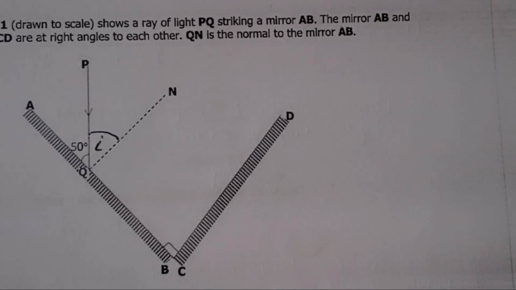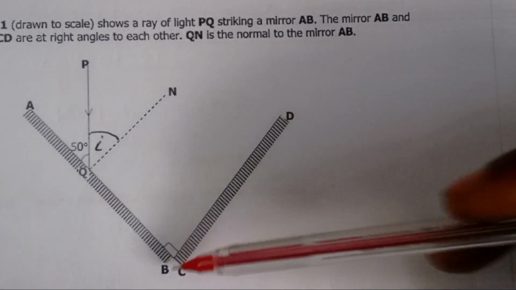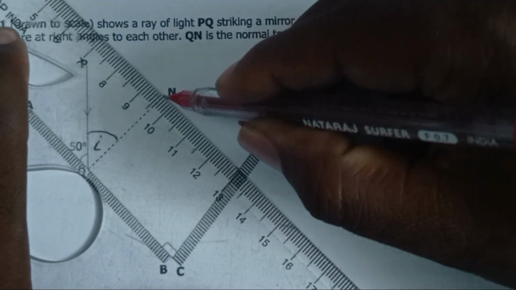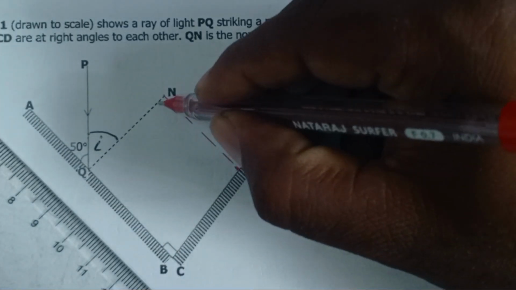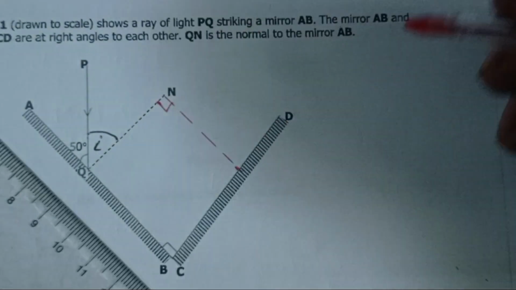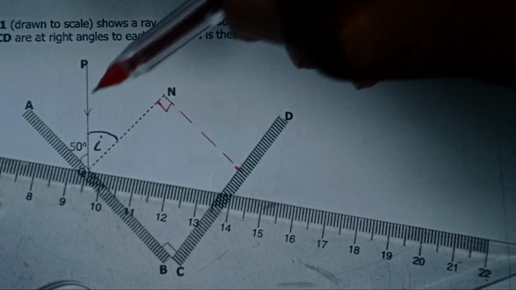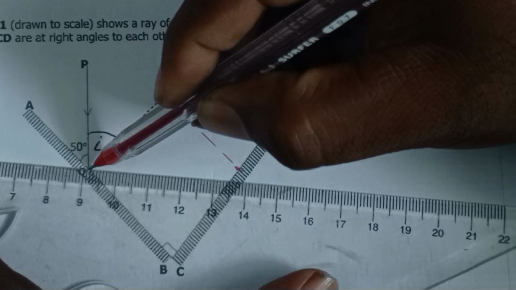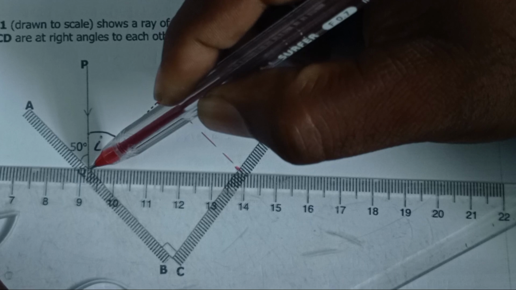The first thing that we'll do is draw a normal to mirror line CD. That normal line must be perpendicular as well. Then from that point, I'll continue PQ to meet the normal of CD.